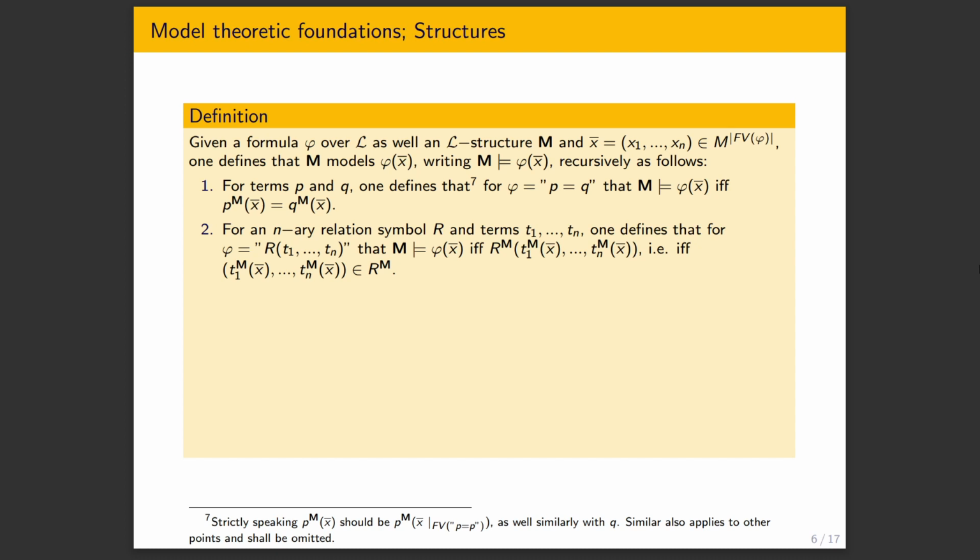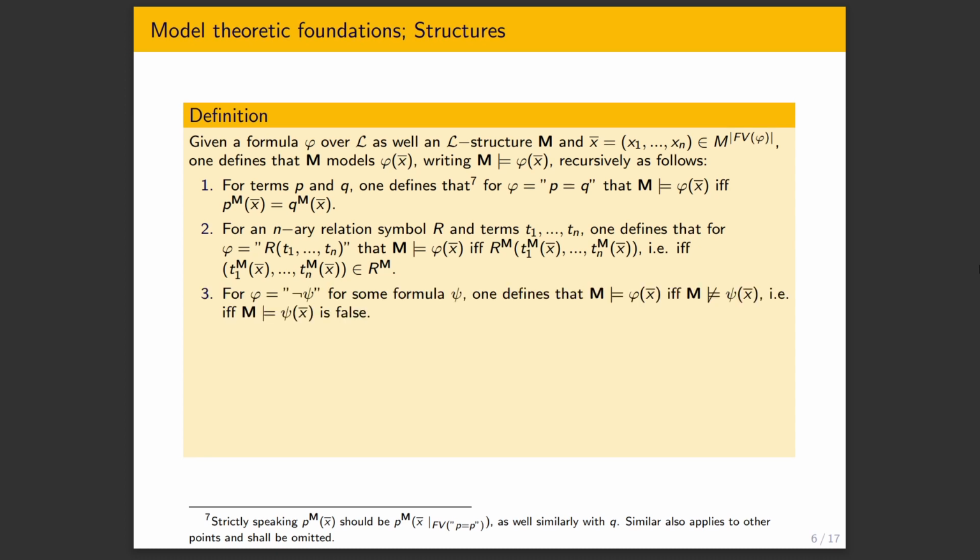So maybe say our language consists of a binary relation symbol less than, and we have two terms a and b, then the structure models that a less than b is true, say the terms have no variables, so we don't have to substitute anything in for x. This would hold precisely when the interpretation of a is less than the interpretation of b, when less than is also interpreted in the structure.